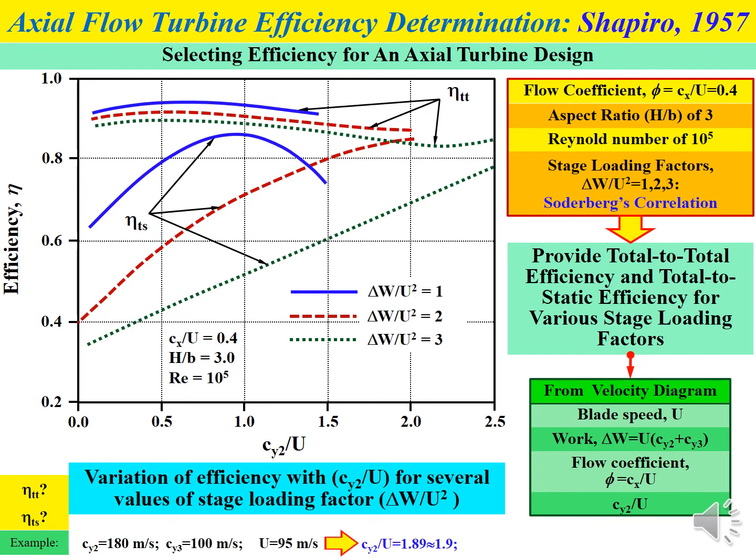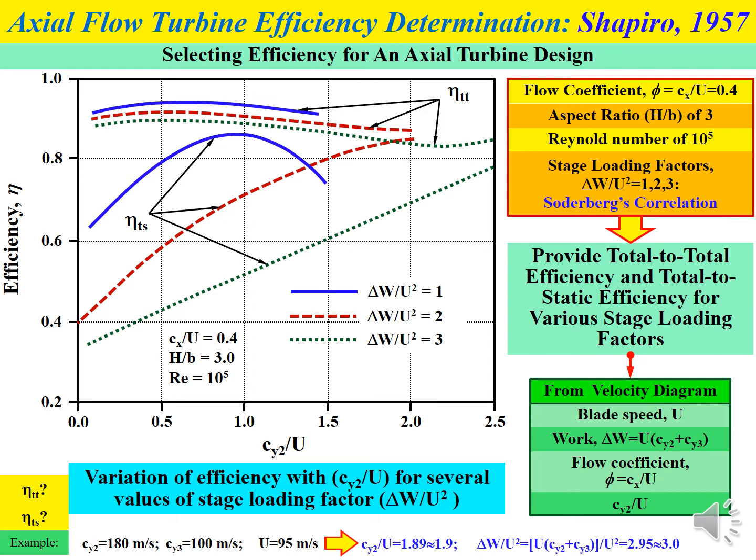From the data given, we can calculate CY2 divided by U, which equals 1.89, more or less 1.9, and determine the stage loading factor using this formula: delta W over U squared equals U (CY2 plus CY3) divided by U squared, which equals 2.95.